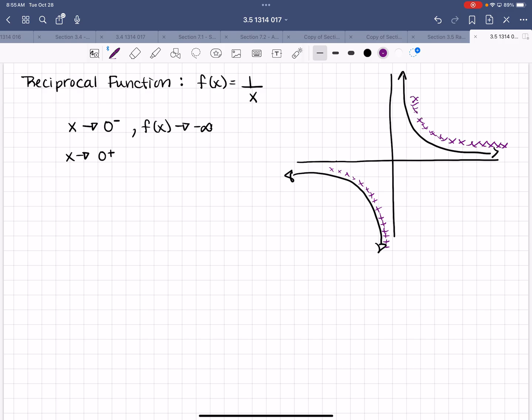Where is it going to take him this time? As he approaches 0 from the right, what's the graph doing? What's his road doing? It's going up, right? So f of x approaches a positive infinity. Okay?